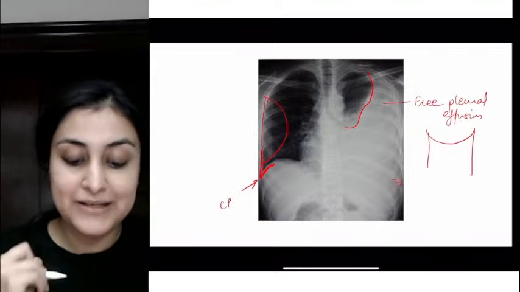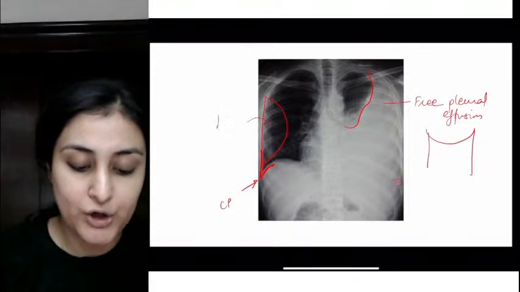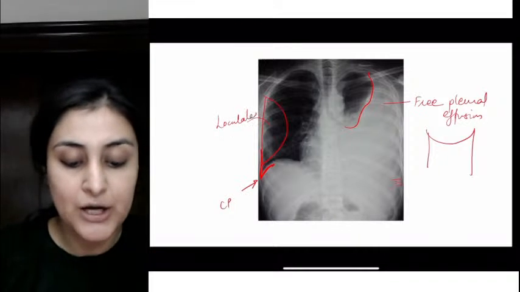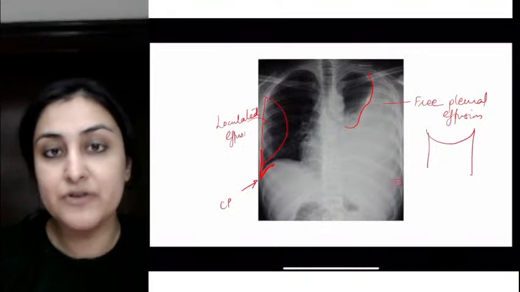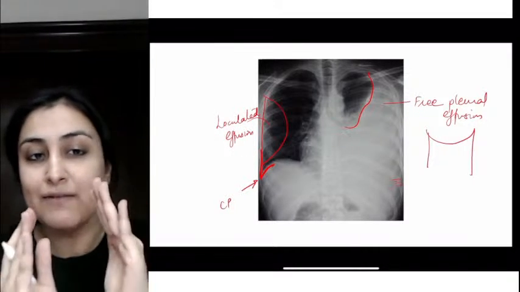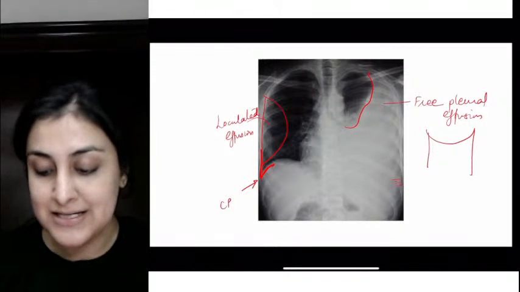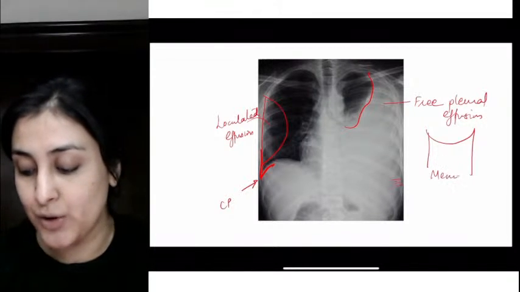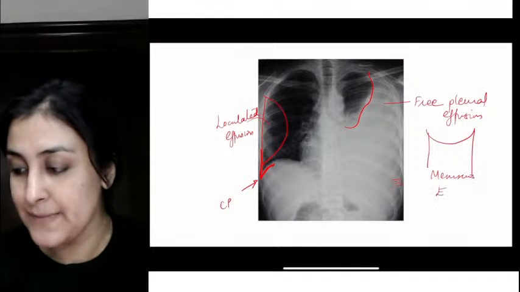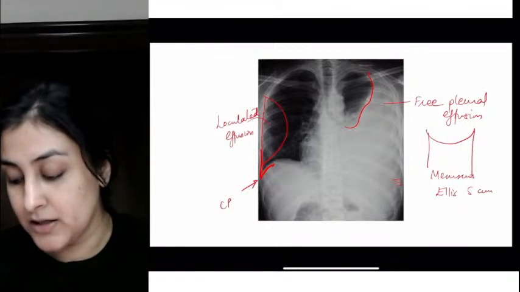It will look something like this. This is how a loculated effusion or an empyema will appear, which has adhesions. It is not free. There are adhesions holding it. Okay, so this is the meniscus sign, also called Ellis's S curve.